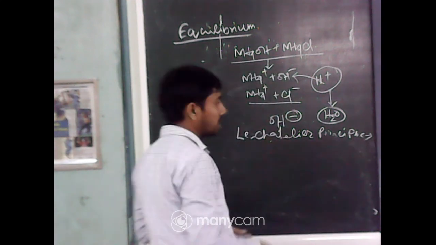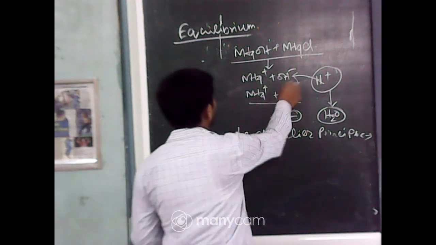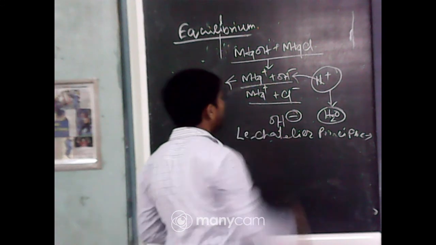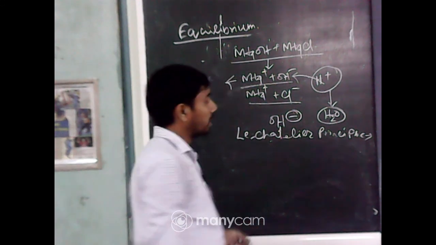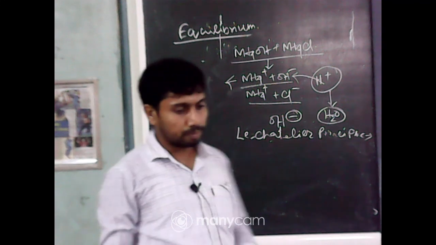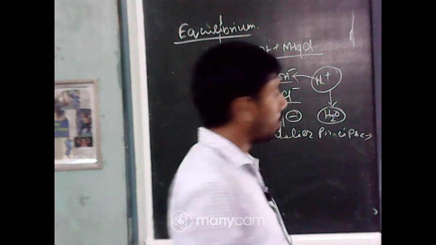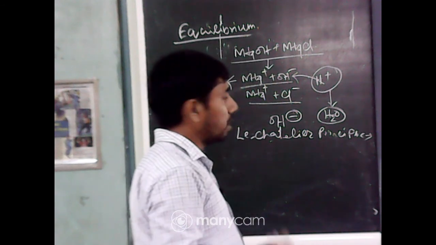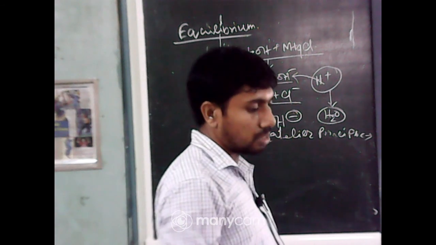According to Le Chatelier's principle, the reaction will move in the backward direction, so that the production of NH4OH will be higher. In this way it can maintain the pH.